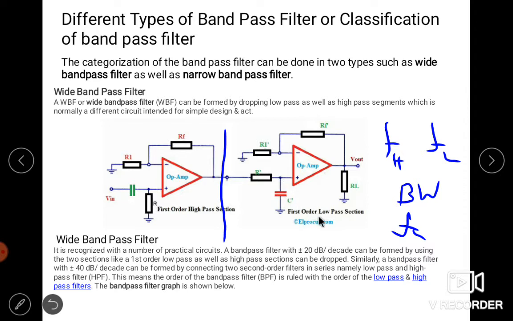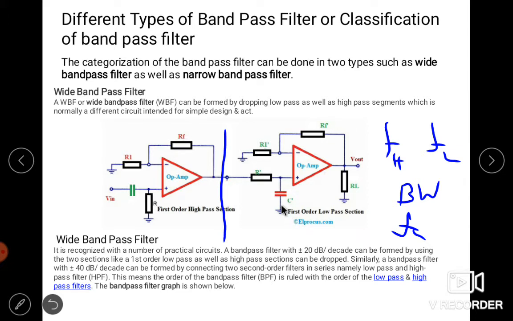This is the first order low pass section and this is the first order high pass section. This means the high pass filter and the low pass filter are cascaded to each other, the high pass filter connected in series with the low pass filter.